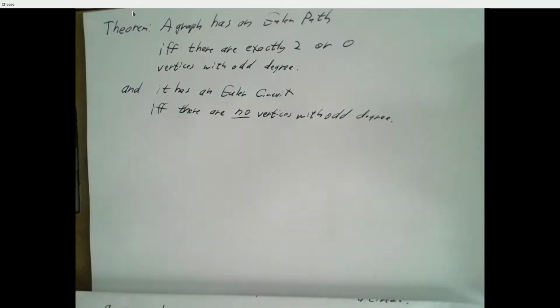So you can count up the degree of each vertex. If all the vertices have even degree, then you have an Euler circuit, which is also an Euler path. If exactly 2 vertices have odd degree, then you'll have an Euler path but no circuit. Otherwise, no path, no circuit.